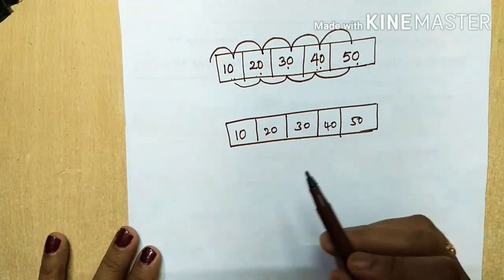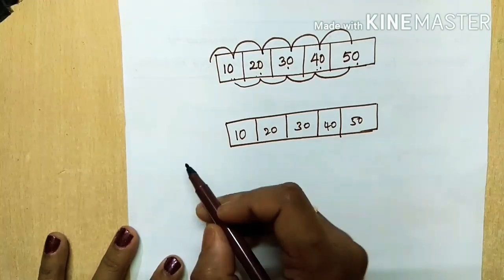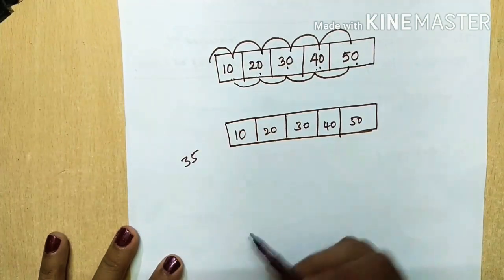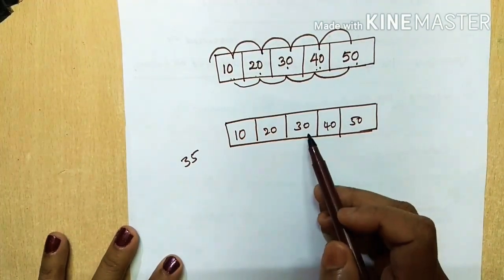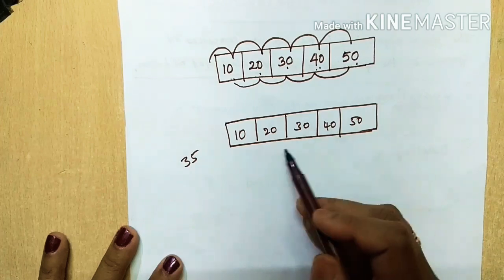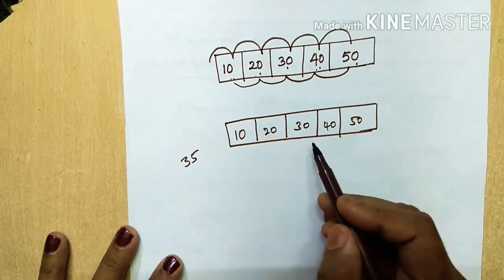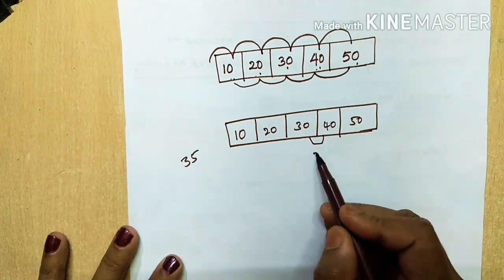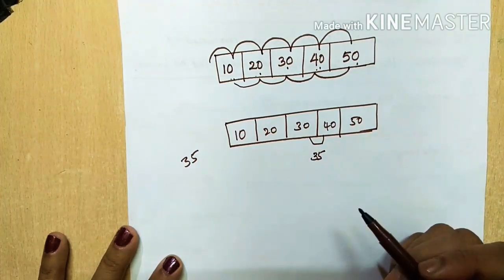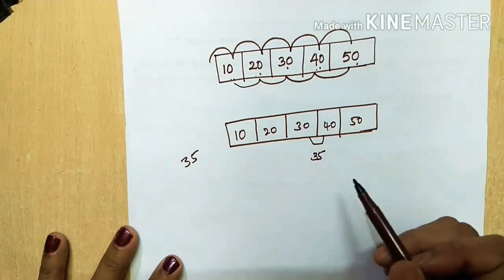Now I want to insert one more new element, 35, after 30 and just before 40. At this location I want to insert the new element 35. Is it possible?